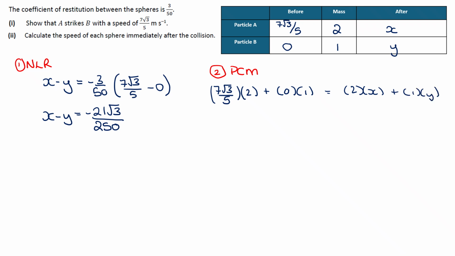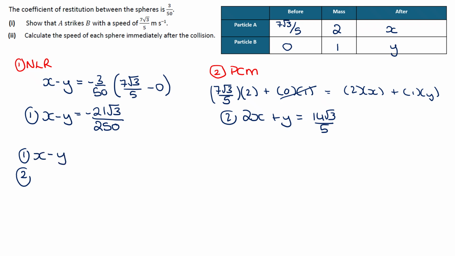And that's going to give us 2x plus y is equal to 14 root 3 over 5. So putting those two equations together, let's solve them simultaneously. So we get x minus y equals minus 21 root 3 over 250, and 2x plus y equals 14 root 3 over 5.